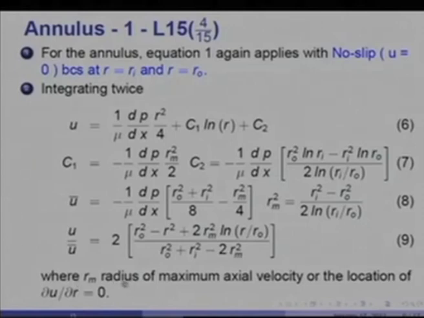So, as I said, r_m is the radius of maximum axial velocity, or the location of du/dr equal to 0. Mind you, this integration to evaluate u bar is not very straightforward, because ln r is involved and one needs to take special care to evaluate the integral of ln r dr properly.